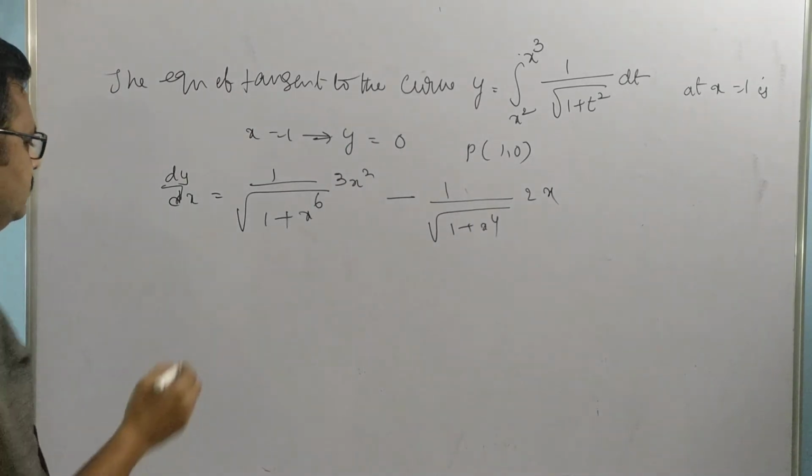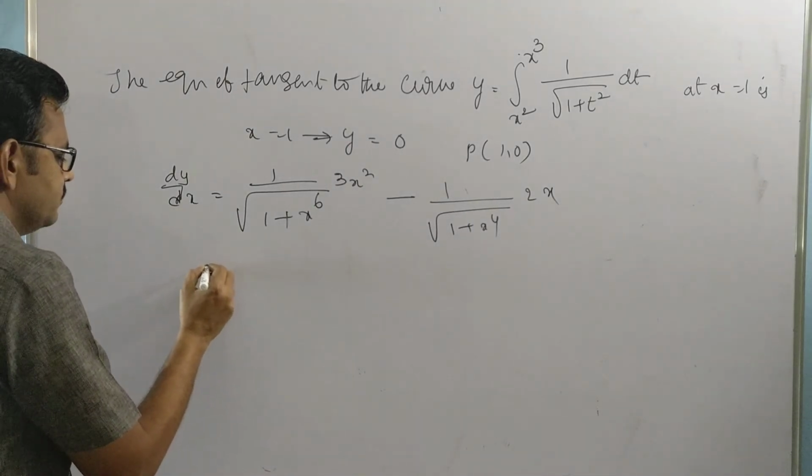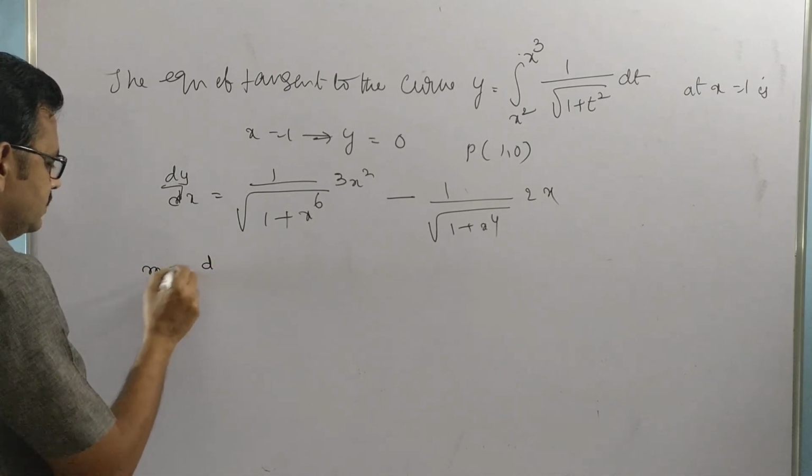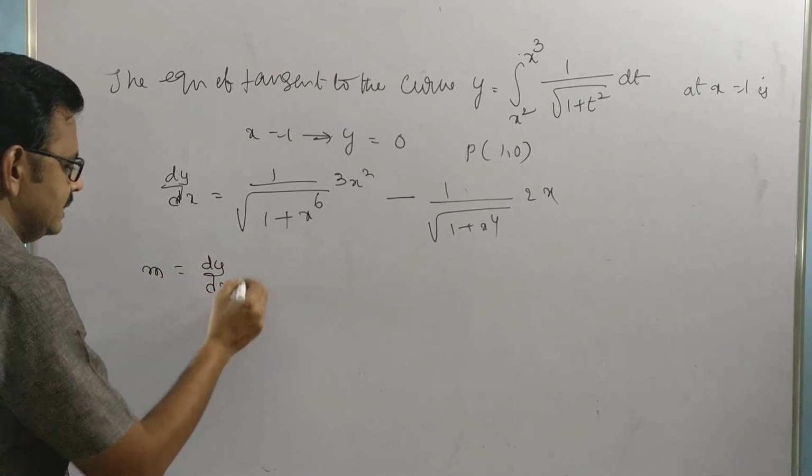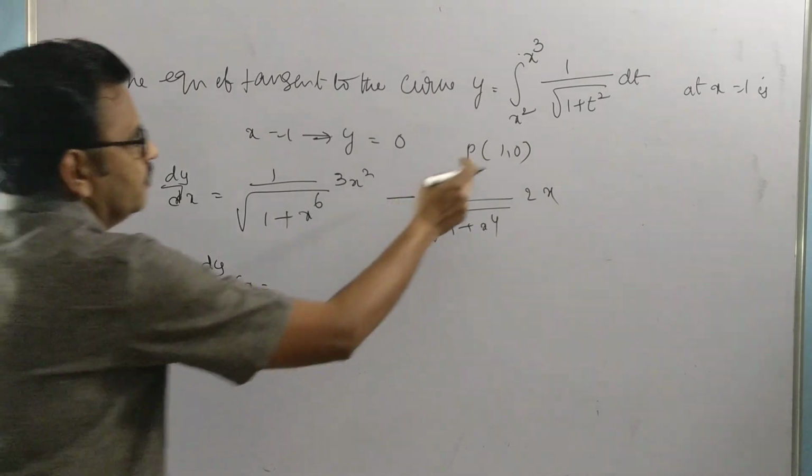Okay? Now slope m is equal to dy by dx at the point (1, 0).